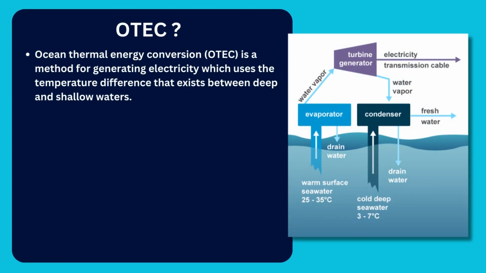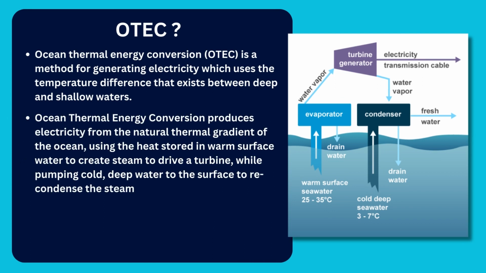Ocean thermal energy conversion is a method for generating electricity which uses the temperature difference that exists between deep and shallow waters. It produces electricity from the natural thermal gradient available in the ocean.